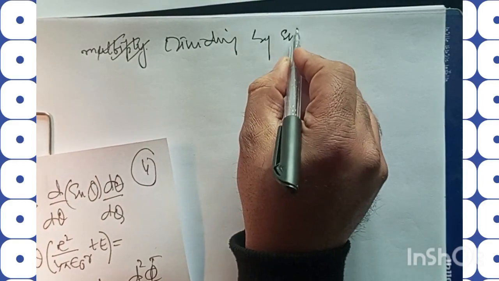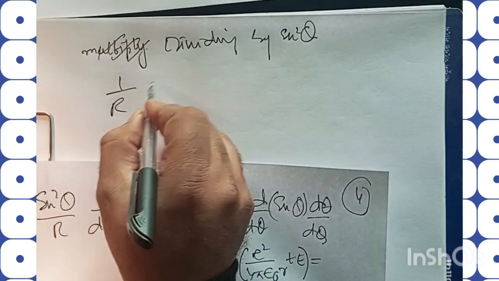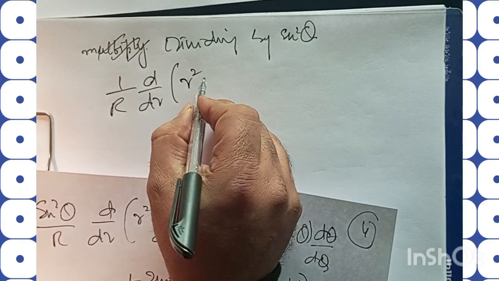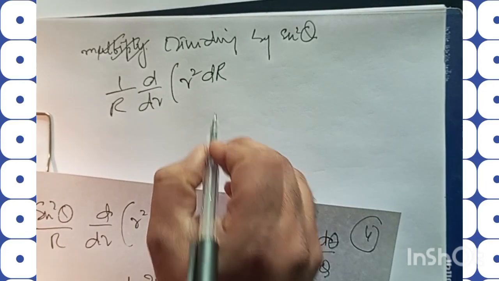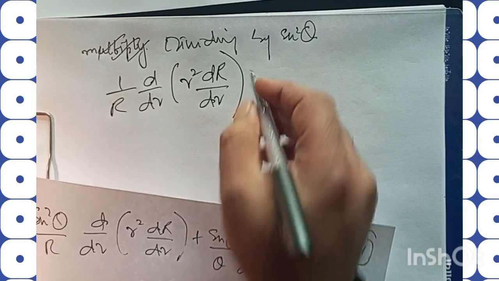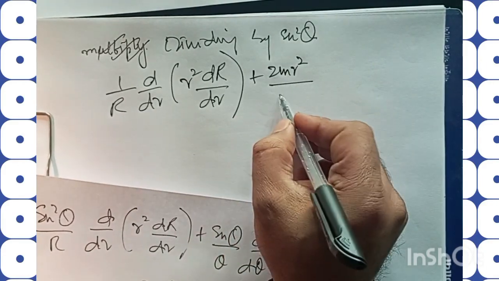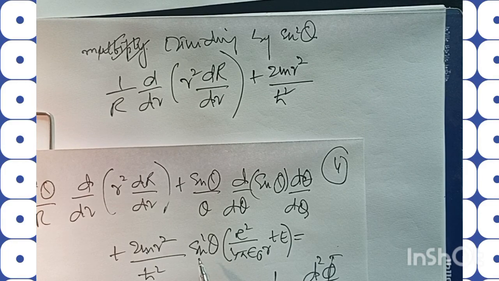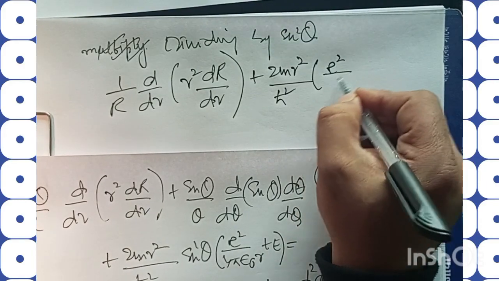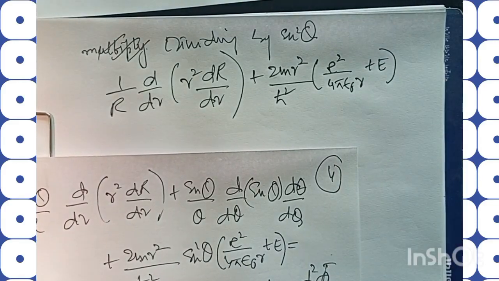So when I do that with this part, I get 1 by r d by dr of r square dr by dr, plus 2mr square by h cross square, because the sine square theta will cancel with the sine square theta by which I have divided, times e square by 4 pi epsilon naught r plus e.